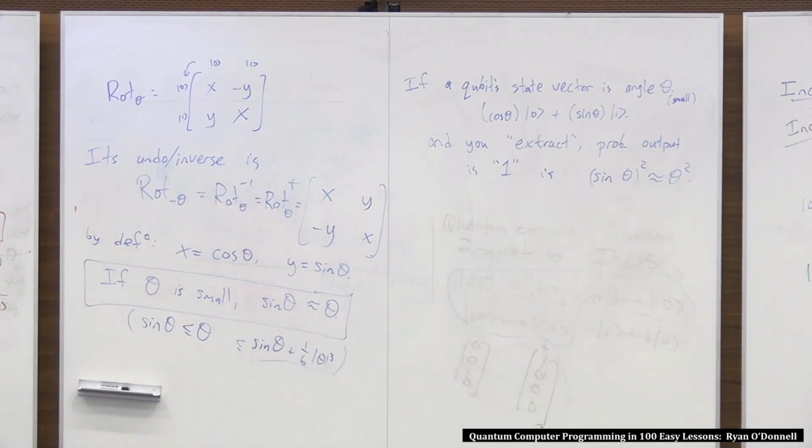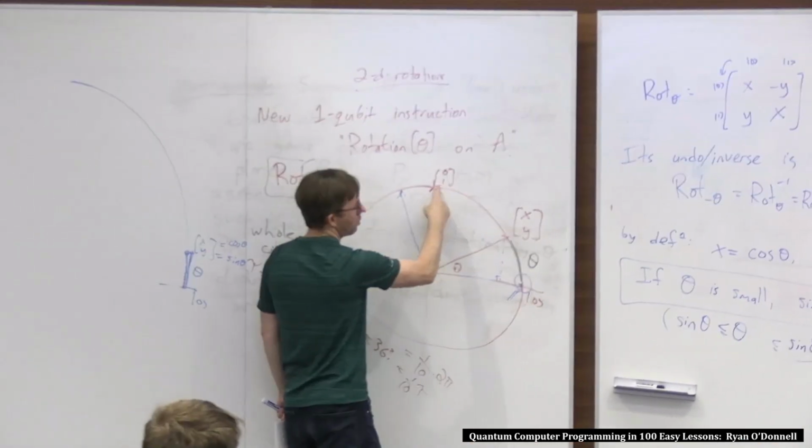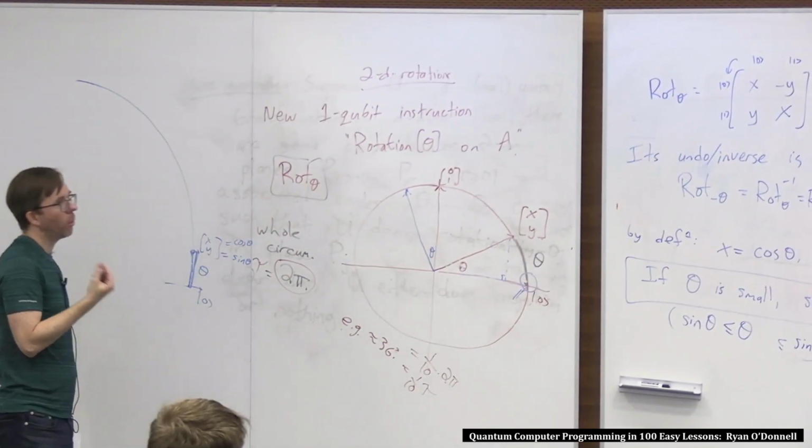So if theta is like 0.1 radians, and you measure that qubit, the probability it actually outputs 1 is like 0.01.